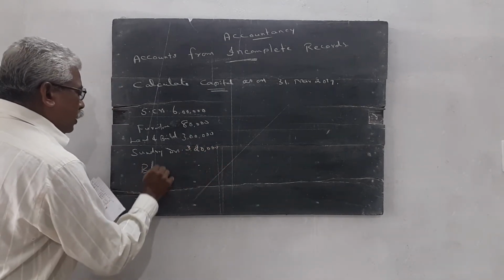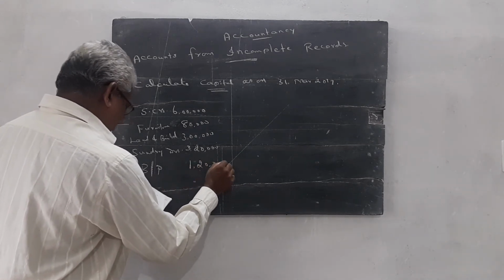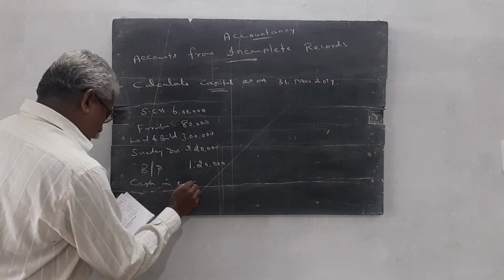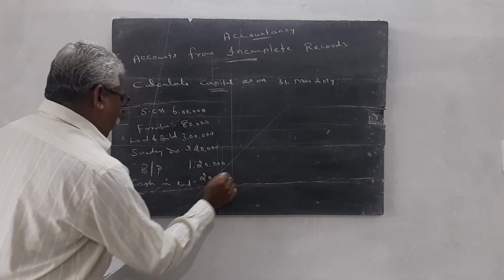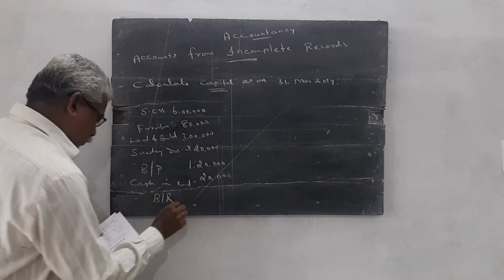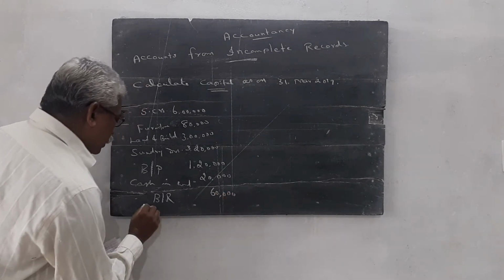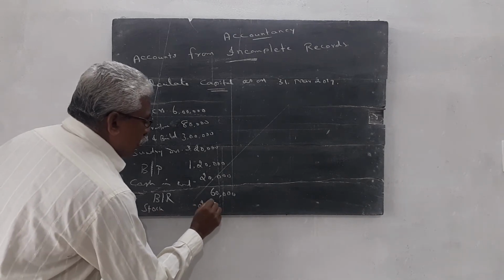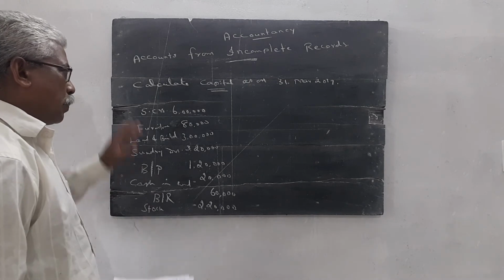Bills payable 1,20,000. Cash in hand 20,000. Bills receivable 60,000. Then stock 2,20,000. These are all the information given in the question.